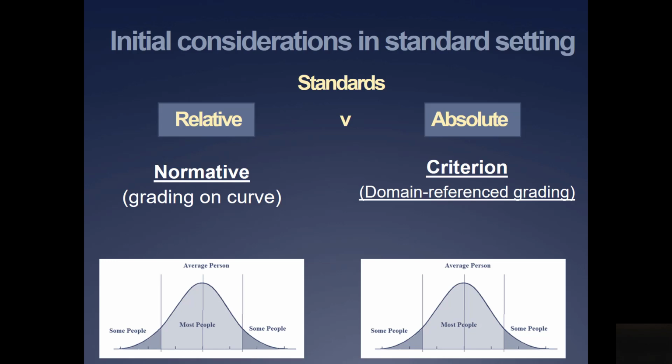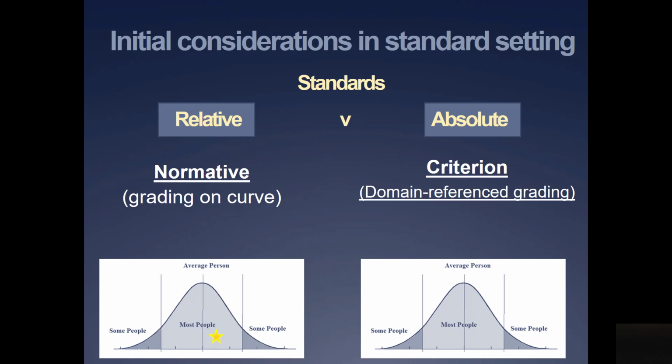Now, one thing we need to understand going forward is the difference between relative and absolute standards. On the left, we have a relative standard, based on the normal bell curve, hence we call it grading on a curve. Let's take an example. Say I have a learner, the star on the scale, who is hitting 65% on whatever this test is.